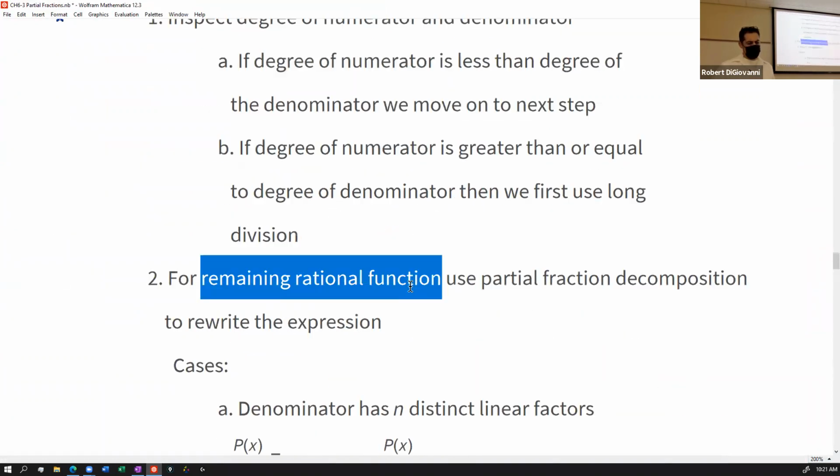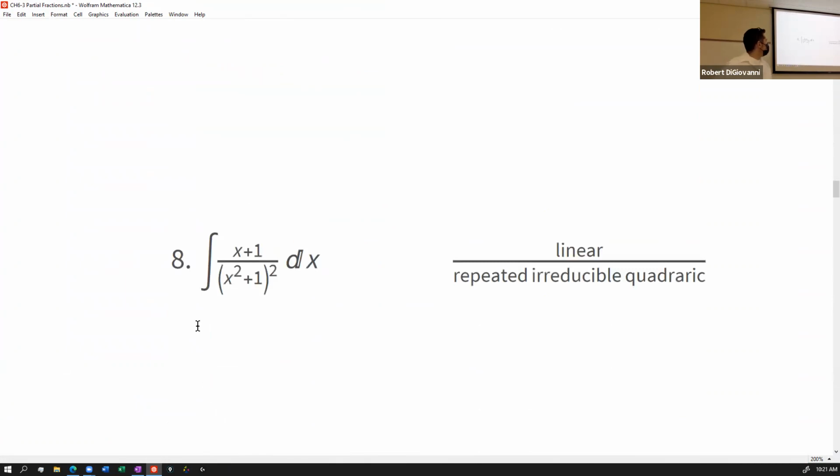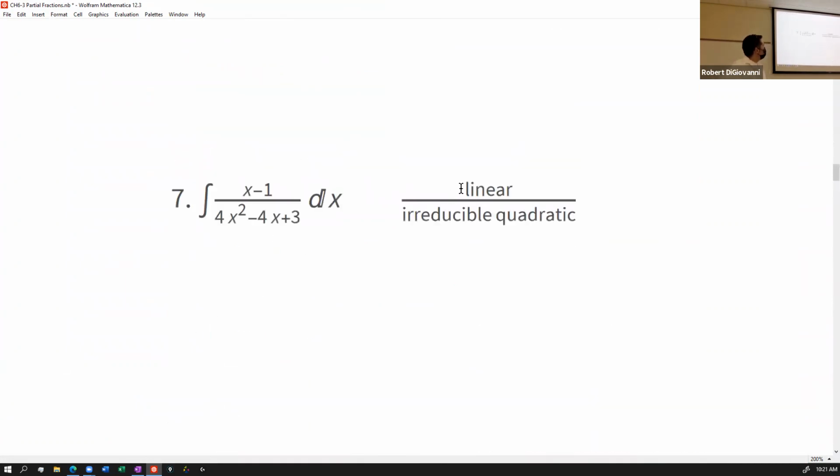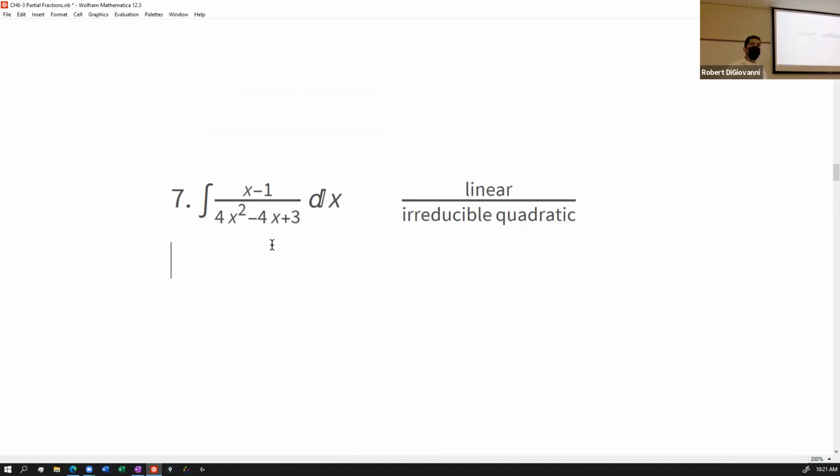What were the things we can handle? Can we handle a linear over an irreducible quadratic, not factorable quadratic? Yes, we can. That was where I showed you the way I like to do it and the way that you might see a tutor do it. Okay? Understand? Yes?